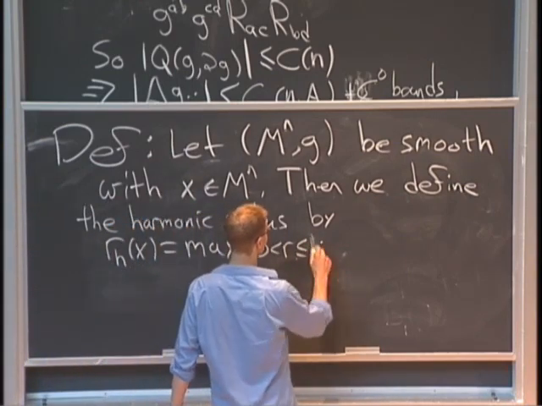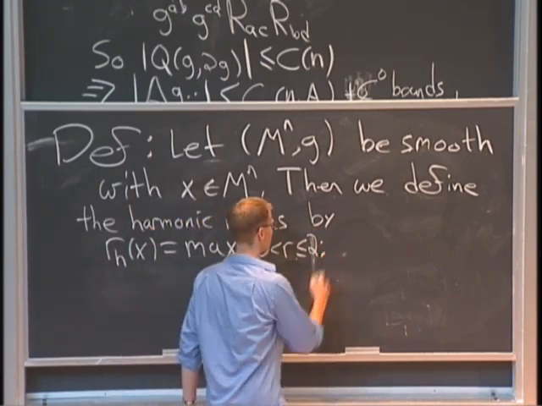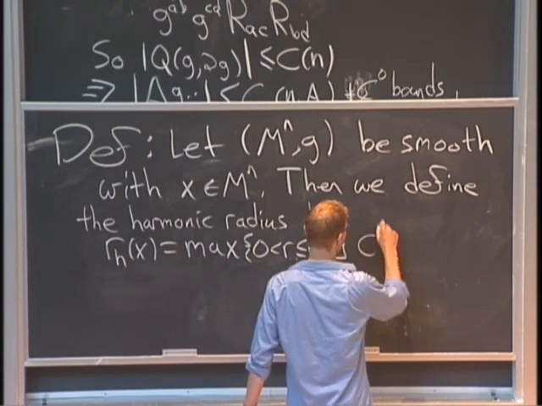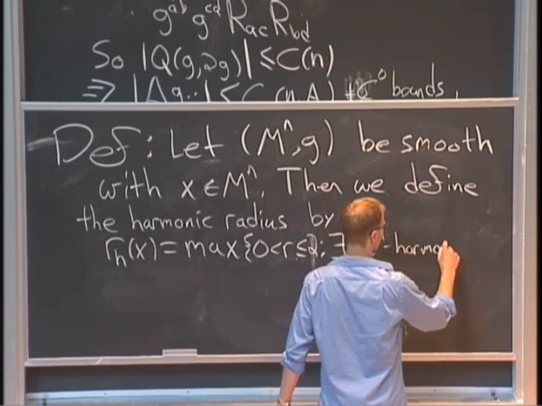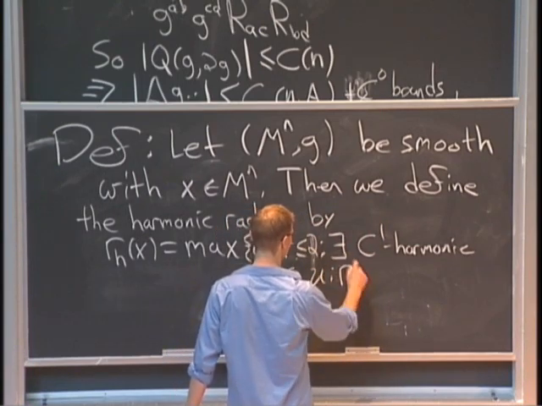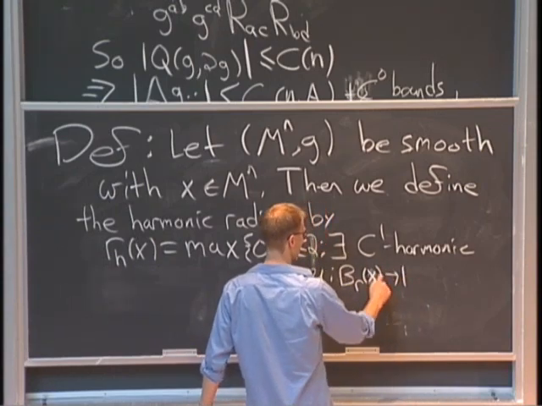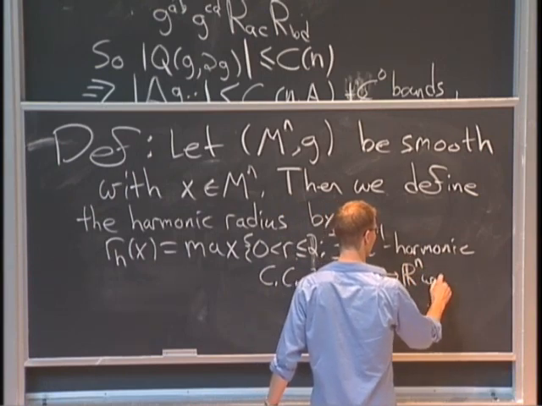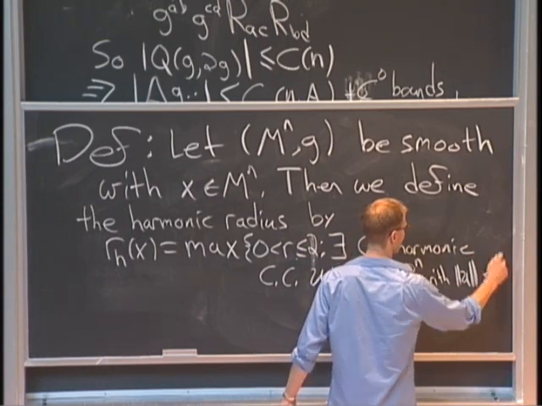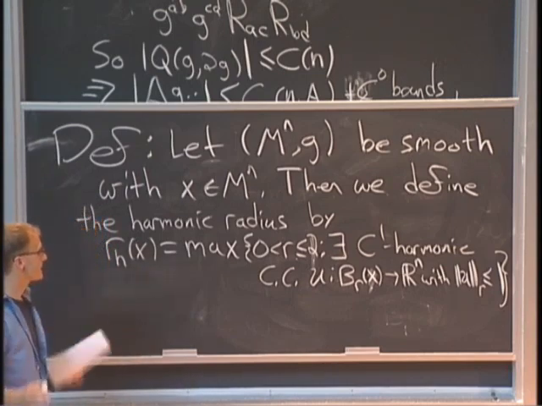Or actually, because of what's going to come, let's say less than or equal to 2, such that there exists a C1 harmonic coordinate chart U, from the ball of radius R around x, into R^n, with C1 bounds. So we're just asking, how big of a radius can we find such a ball?